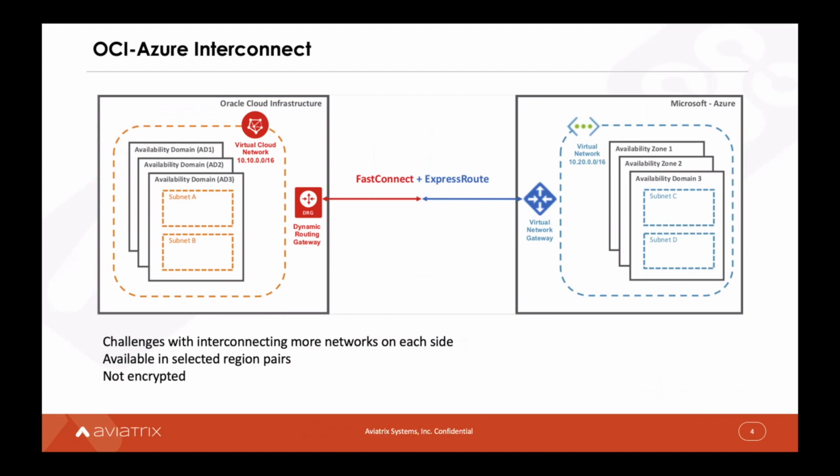Exactly. So the solution that is provided here natively is okay when you're just trying to connect those two atomic networks. But we know we will need a proper transit. And this is where Aviatrix comes into the picture. We will leverage this connectivity to establish the peering between our transit gateways. But as you remember, and as I will be showing in the next slide, the transit gateways have connectivity to all of the other networks, all of the other spokes that you build in the cloud.